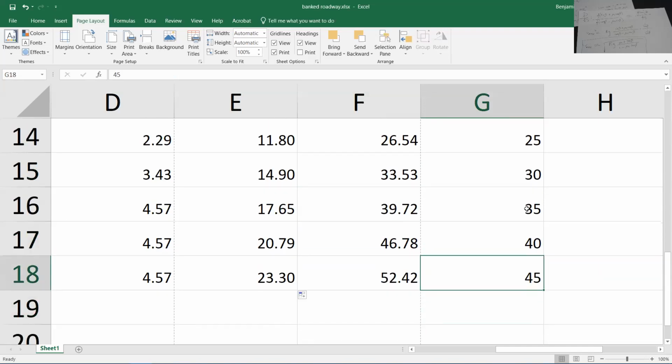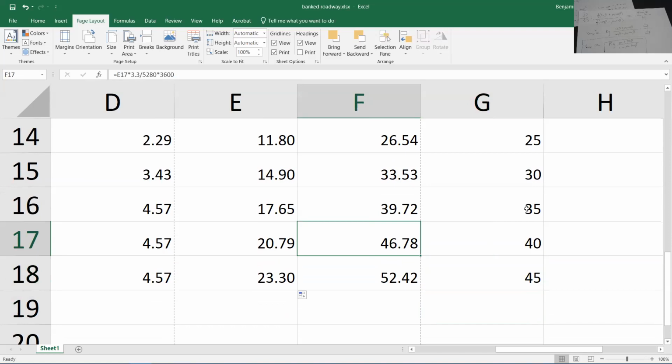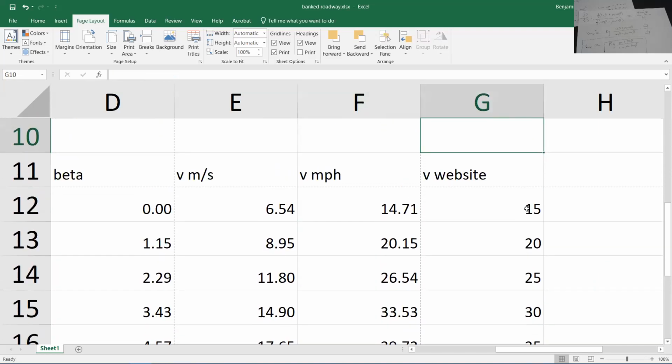You know, maybe the last one seems a little off. But if my calculations show that 60% of the max possible speed is 46.8, yeah, just call that 40 miles an hour. Good enough. So I'm satisfied with the agreement between what the physics is telling us and the numbers chosen by this safety commission or civil engineers, wherever this is coming from.